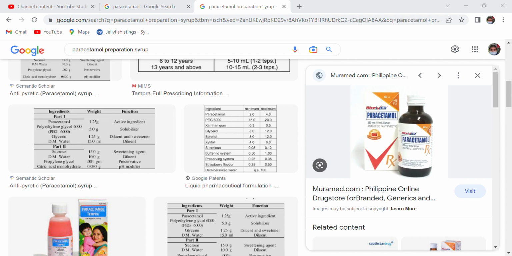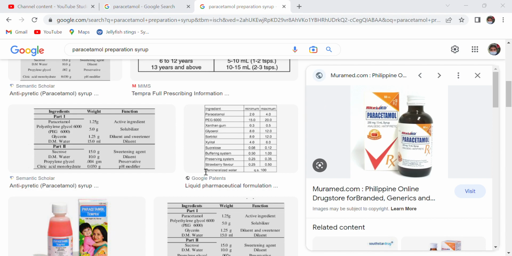The best thing you need to do is avoid a paracetamol intake of greater than 4 grams, that is 4,000 milligrams per day. That is the maximum dose that you can give to the patient or person who has fever, muscle pains, headache, or any disease that involves analgesic or antipyretic therapy.